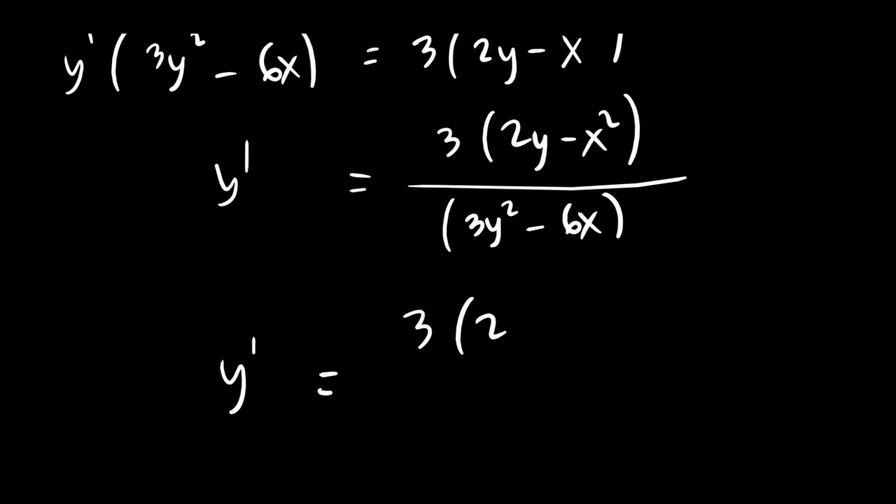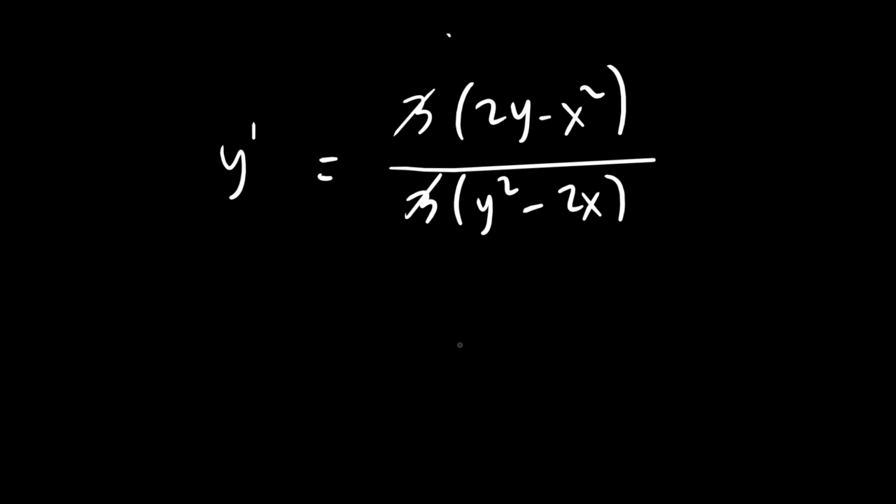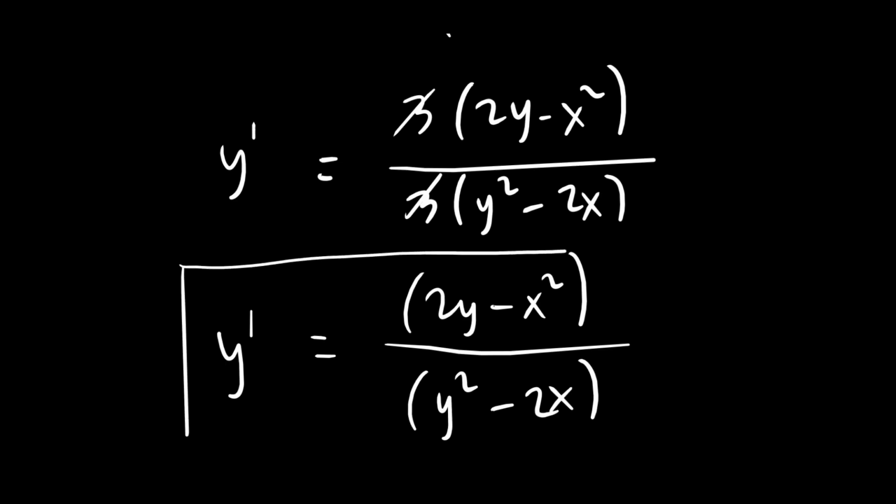So we have 3 multiplied by 2y minus x squared all over 3 multiplied by y squared minus 2x. So we'll cancel 3. So the remaining will be y prime is equal to 2y minus x squared all over y squared minus 2x. So this is now our final answer.